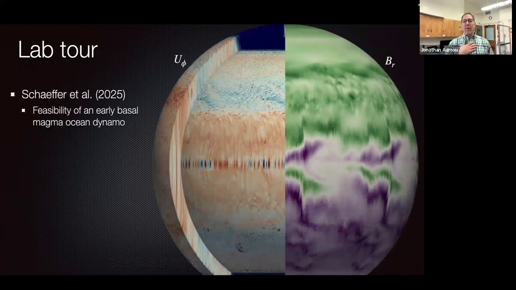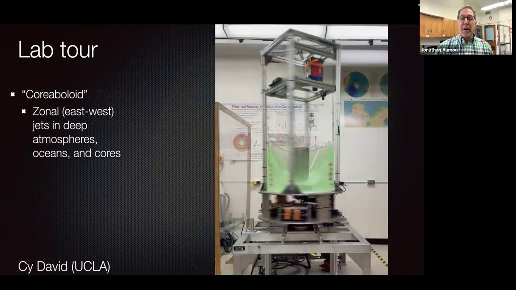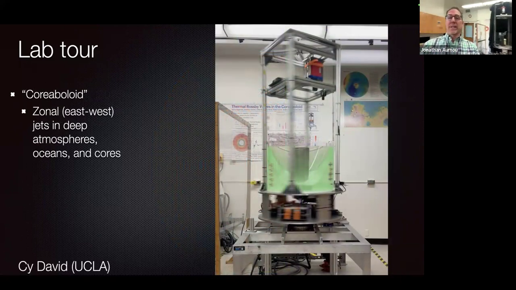Lately, I'm working on how we could make a dynamo at the base of the mantle in the early Earth, a so-called basal magma ocean dynamo. I'm working again with supercomputer modelers in Grenoble. And in our lab, right behind me, is this device.